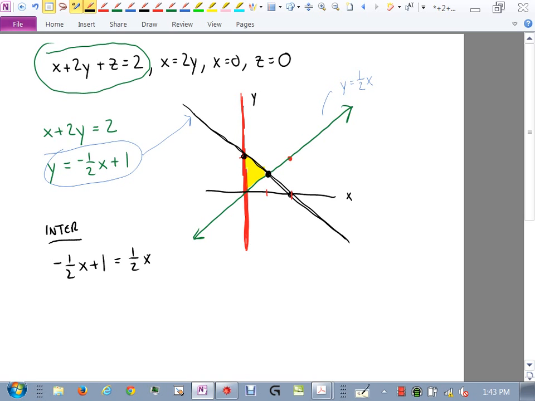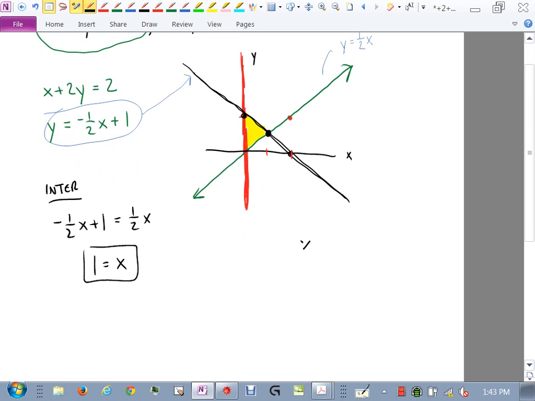If we add half x to both sides, we get it right away, don't we? Okay, so now I know my x is restricted between what two values? 0 and 1.